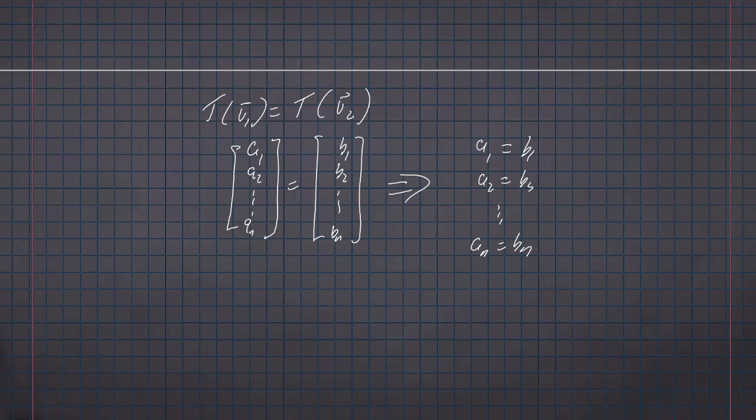And that's useful because if I take v1 and I write it once again as the linear combination, I can substitute in and replace a1 with b1 because they're equal.